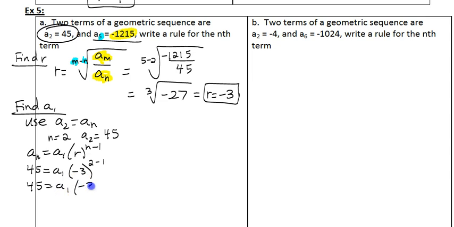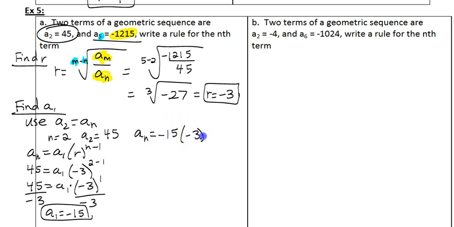I am going to go ahead and solve it, and actually negative 3 to the first power is just negative 3, so divide that negative 3 off of there, and term 1 this time is negative 15. Once I have term 1 and r, I am ready to create my formula rule. To create my formula rule, plug in term 1, plug in r, and there I go. That's my final answer.